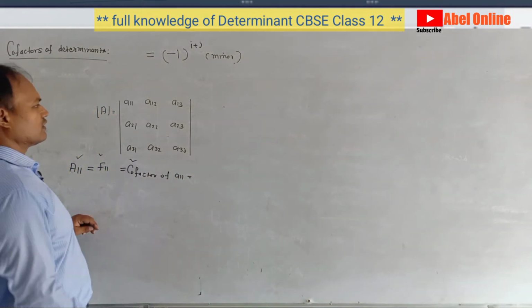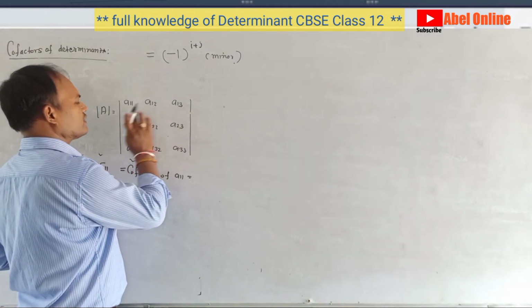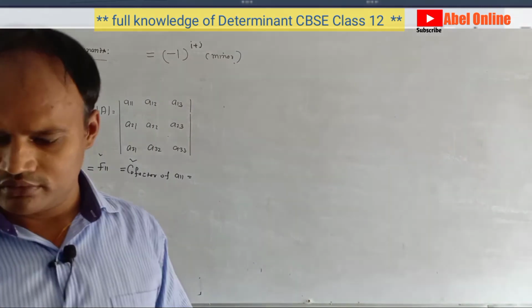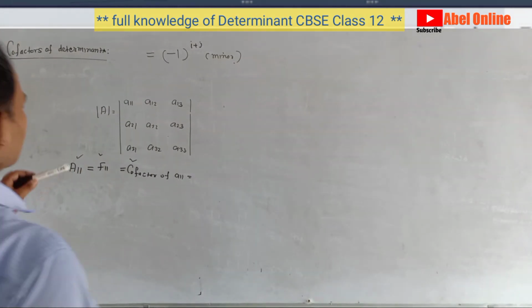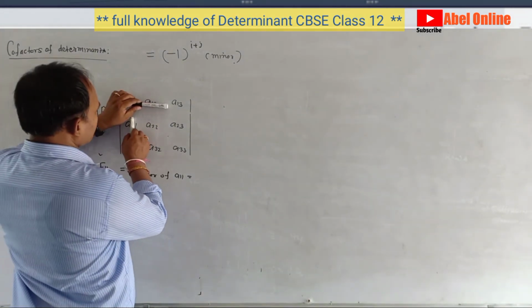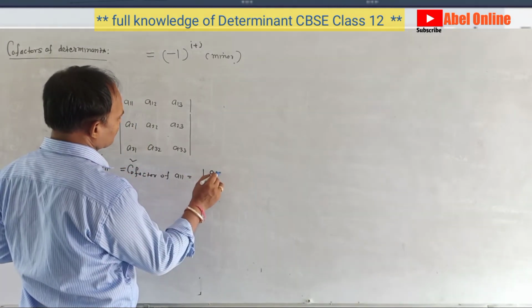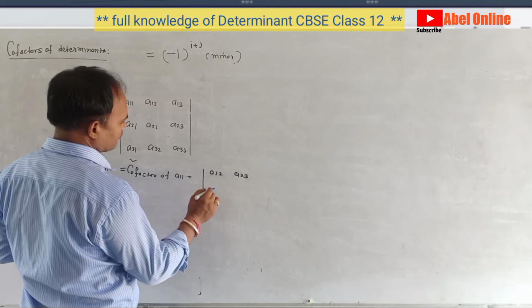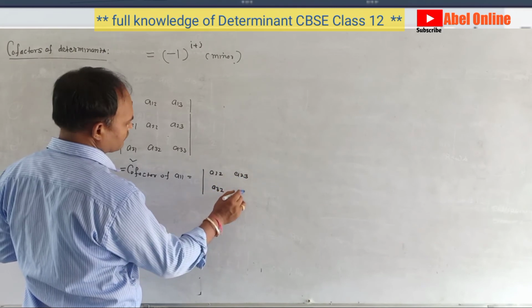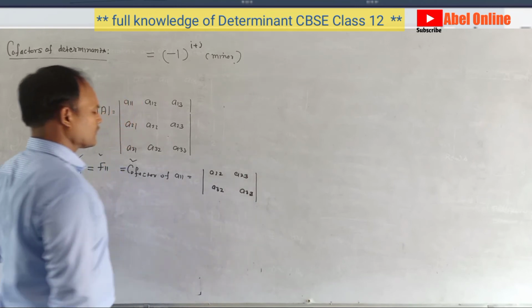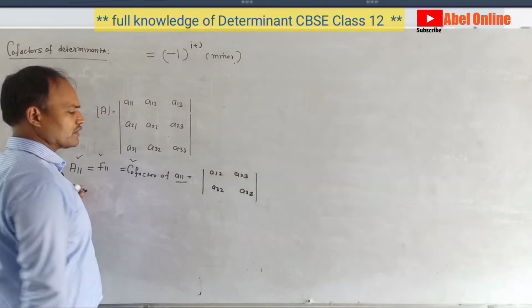Okay. Now, what is the cofactor of A11? Just eliminate this row and this column. The remaining part is A22, A23, A32, A33. What about the sign?